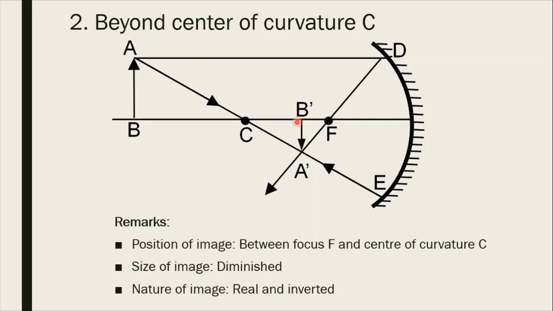Now, how do we decide on drawing the arrow? We look at something which we have already studied in the lower classes, that is the test of similarity of triangles. What we see over here in triangle ABC and triangle A'B'C is that angle C is congruent because these two angles are vertically opposite angles.